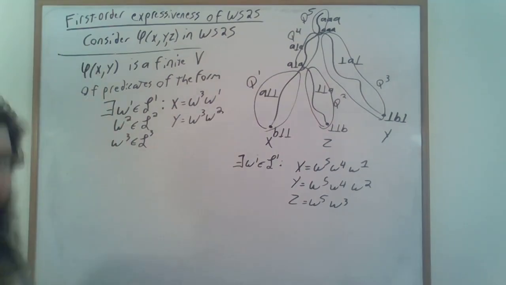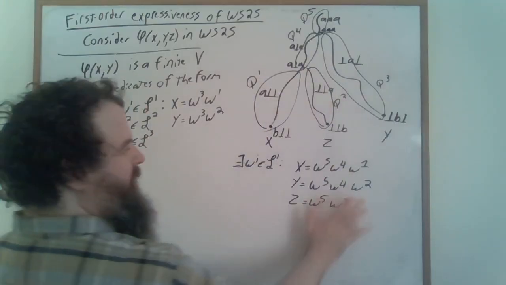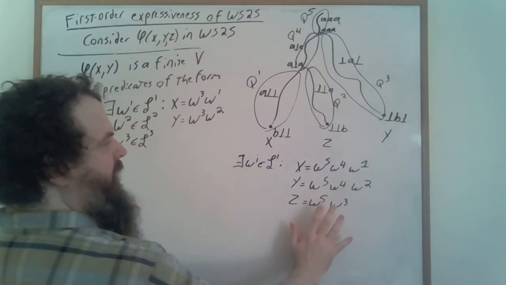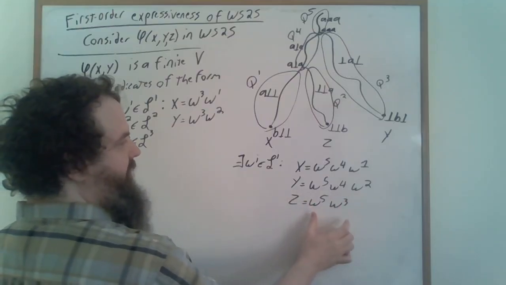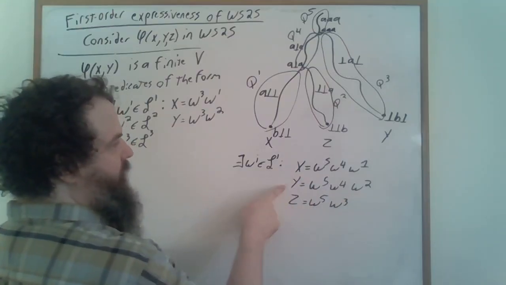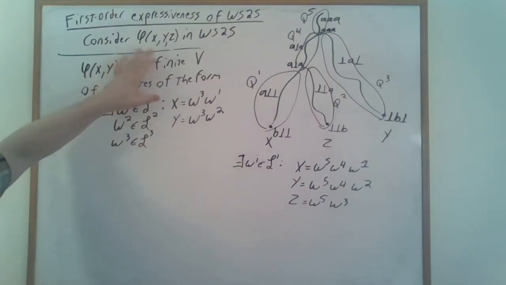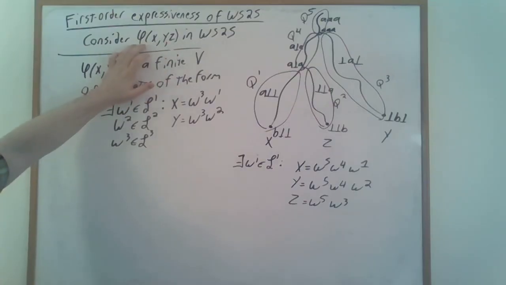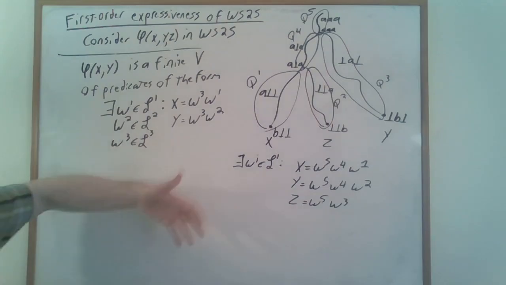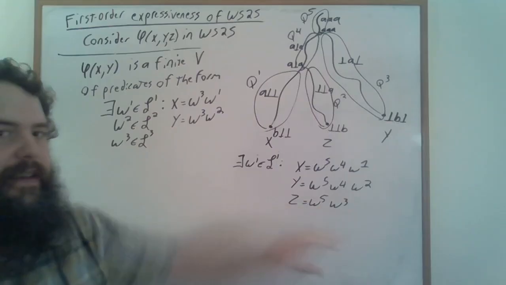And then finally, we take the union over all possible templates. Different templates might give us slightly different versions of this. It might be the case that Y and Z have the larger common prefix, as opposed to, in this case, where X and Y had the larger common prefix. But ultimately, the set of tuples x, y, z satisfying our predicate phi is going to be some finite union, some finite OR of things that look kind of like this.